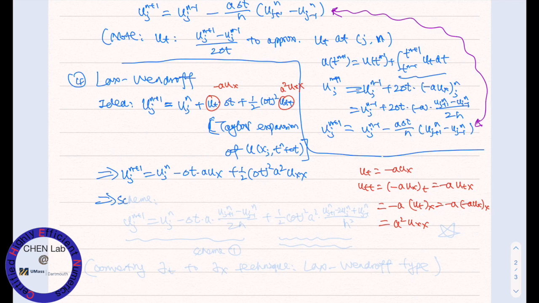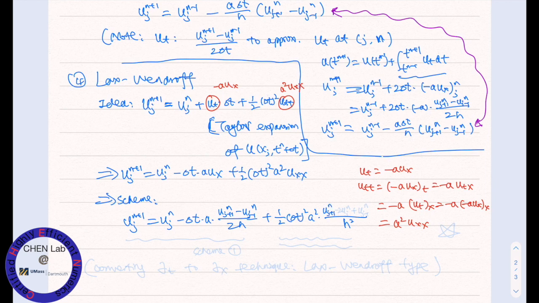So this means the scheme is that, well, we know very well how to discretize uxx. So u_j^{n+1} is equal to u_j^n minus delta t times a times (u_{j+1}^n minus u_{j-1}^n) over 2h, and then we're going to have 1/2 delta t squared a squared times (u_{j+1}^n minus 2u_j^n plus u_{j-1}^n) over h squared.